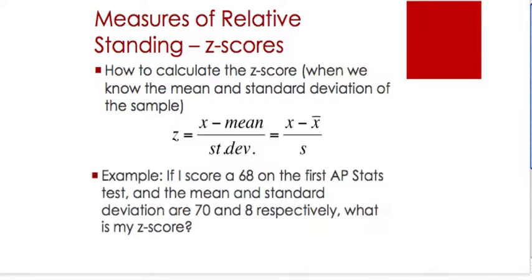For example, if I score a 68% on my first AP Stats test, and let's say the mean and standard deviation on that test were 70 and 8 respectively, meaning the mean score was 70 and the standard deviation is 8, then the question is, what is my z-score? I'm going to start with the formula.